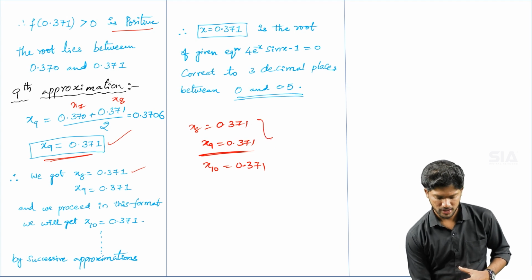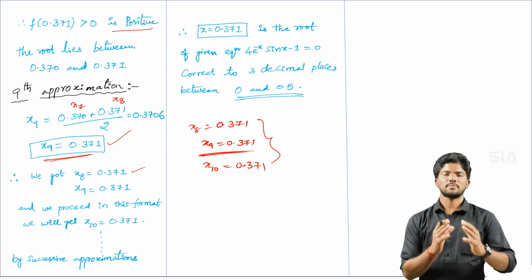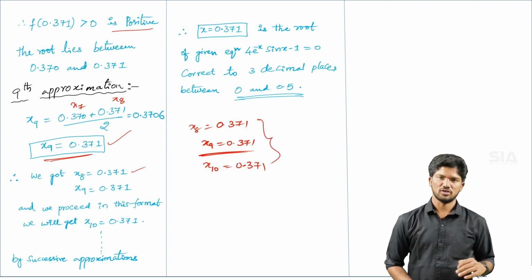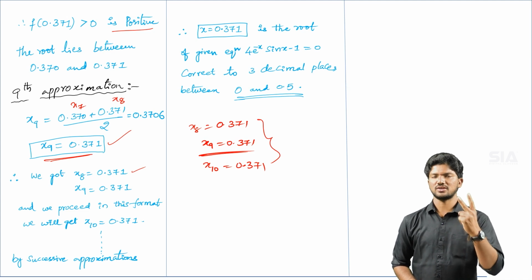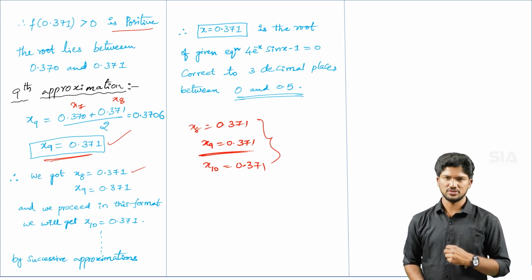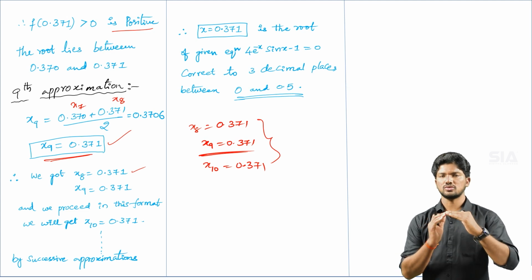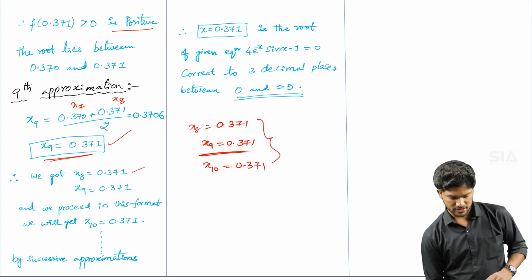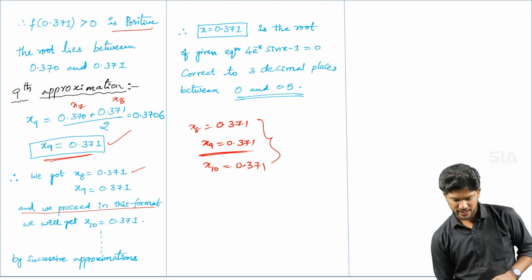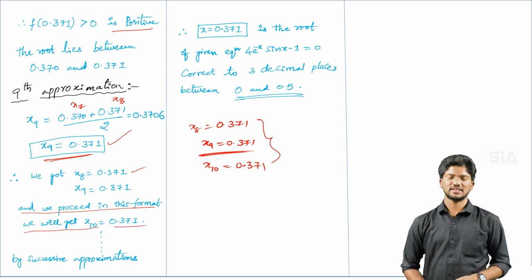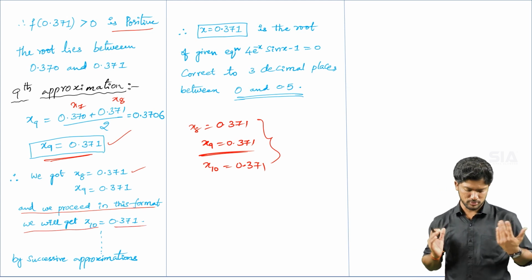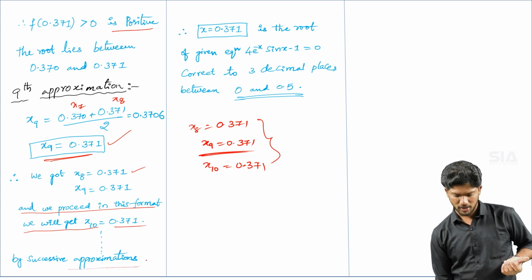So therefore you have to terminate the approximation process at the 9th approximation. After getting two consecutive same approximation roots, you have to stop the process. If we proceed in this format, we will get x10 is equal to 0.371, x11, x12 and so on by successive approximations.